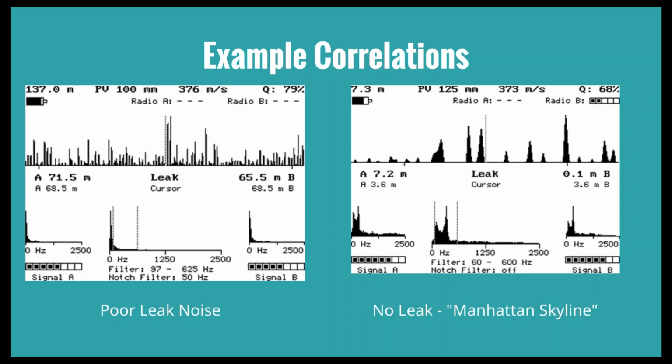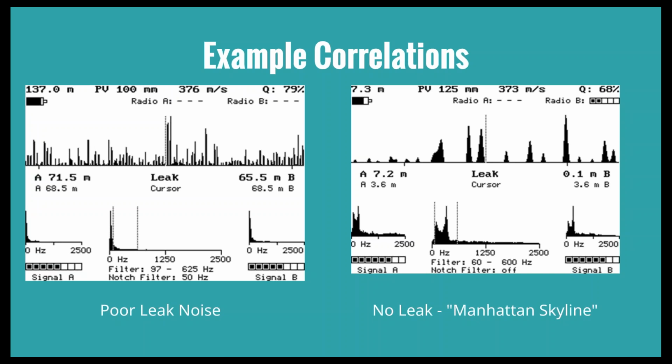So just some example correlations. Poor leak noise is, as again, you have a lot of noises across the entire pipe there, which could be a variety of reasons. It could be that your pipe has a lot of tuberculation. It could be a lot of outside noise that's causing those. So, different things can impact it.